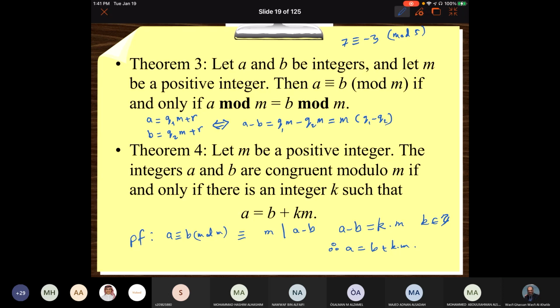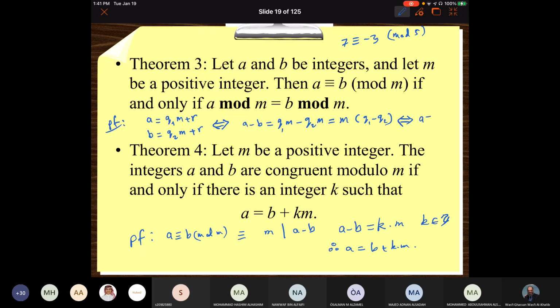And this q1 minus q2, what is it? It is an integer, right? Okay. So does m divide a minus b or does not divide a minus b? It divides a minus b, right?